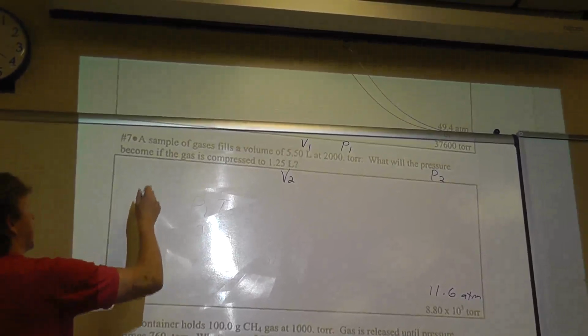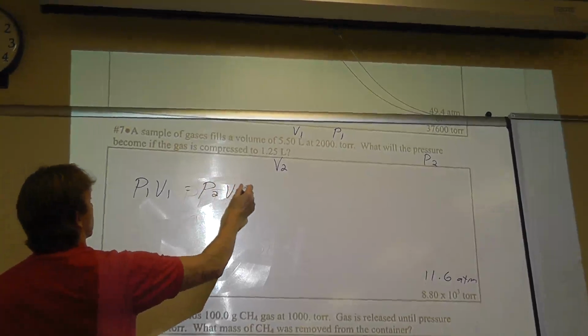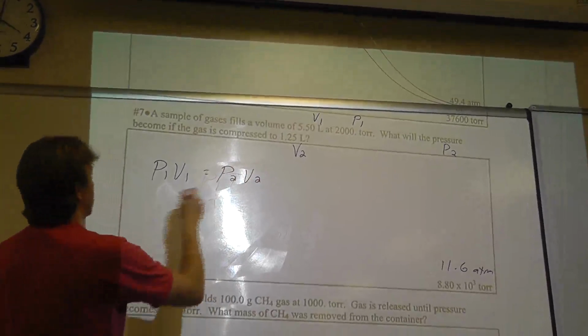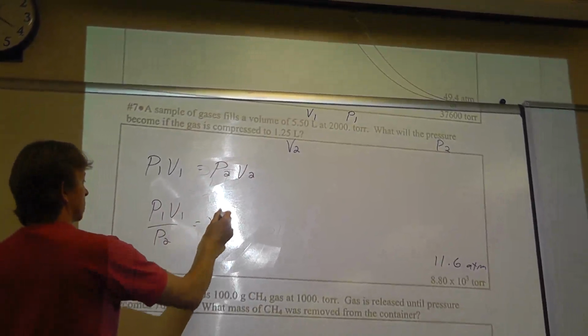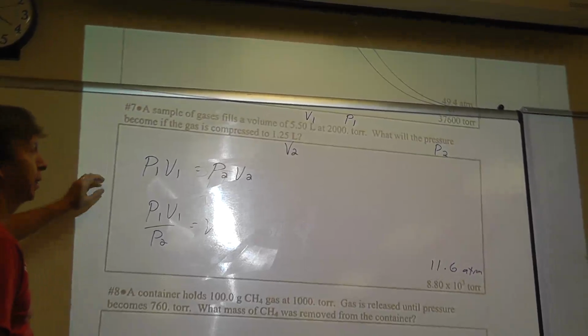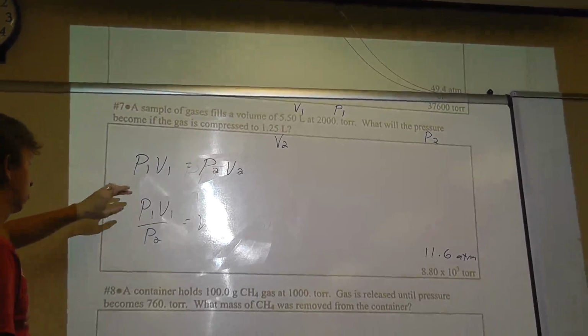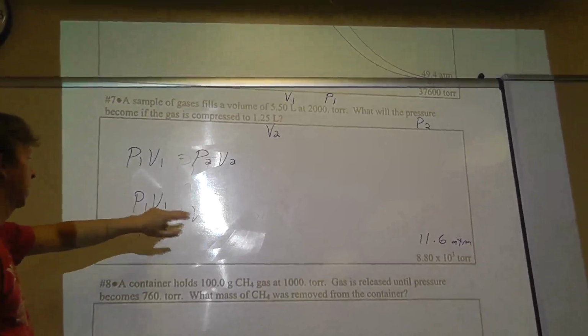If we set this up, and we're solving for pressure 2, then we're not canceling units with R anymore. We're canceling units between this pressure and that pressure, right? This volume and that volume.